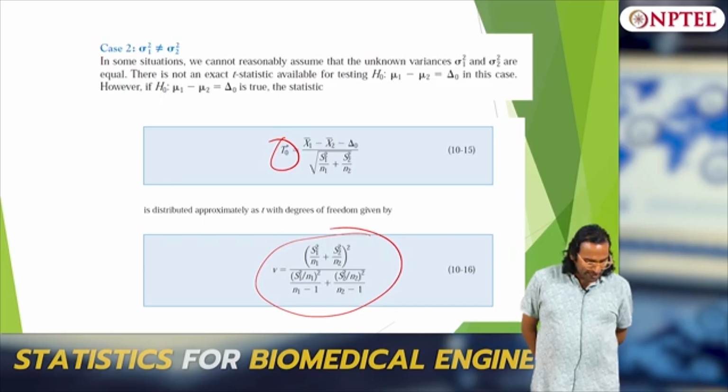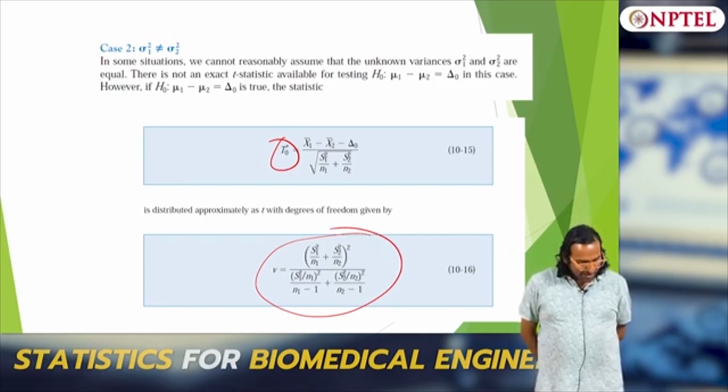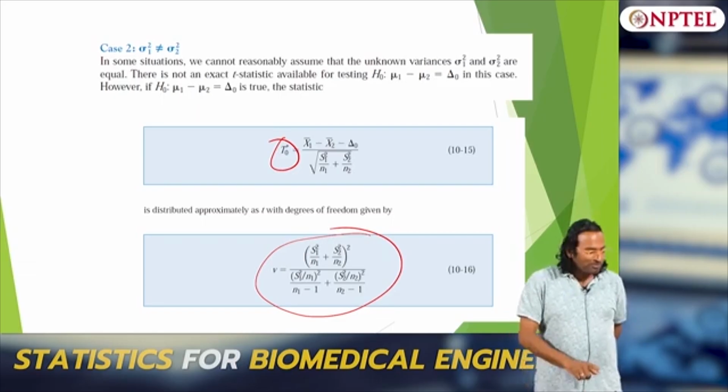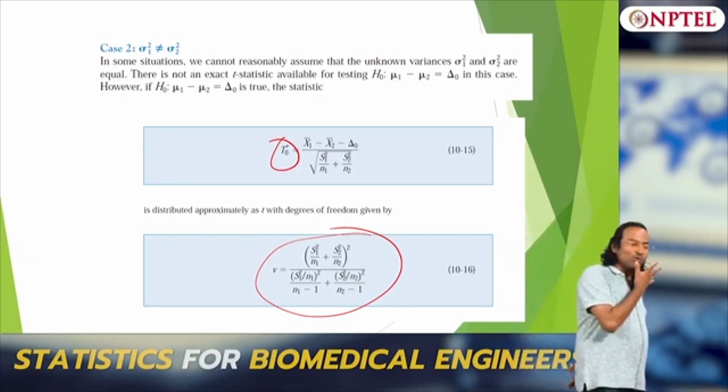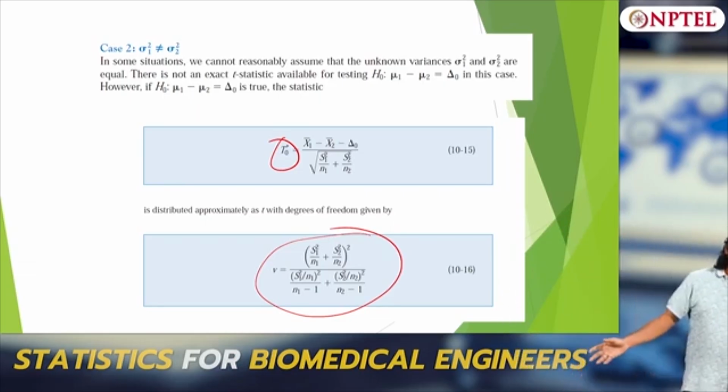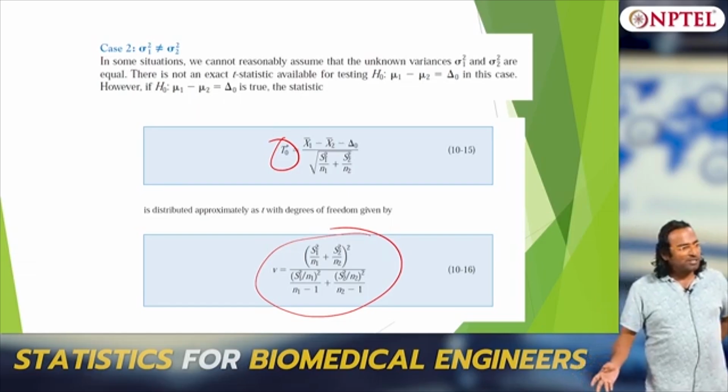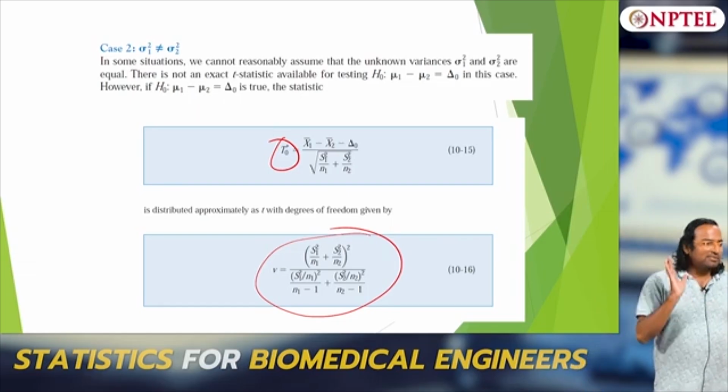This is the total deviation divided by the appropriate degrees of freedom, and so on. So this becomes complicated. Usually this will also become a normal distribution if you take more than 30 samples.